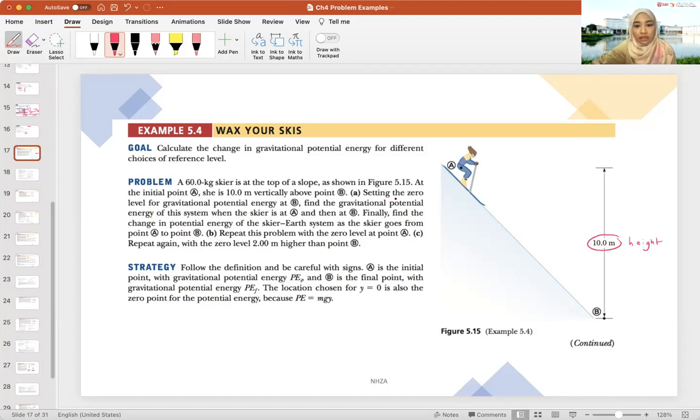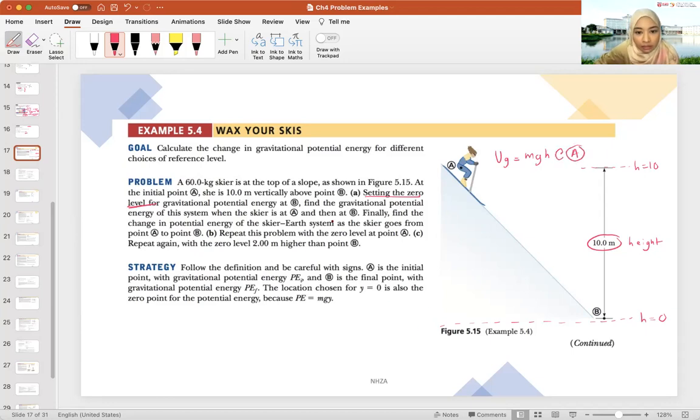Setting the zero level for gravitational potential energy at B, this is our reference point, where H becomes 0, and this is where H is 10. Find the gravitational potential energy of the system when the skier is at A. So it asks us to find UG equals mgh at point A.